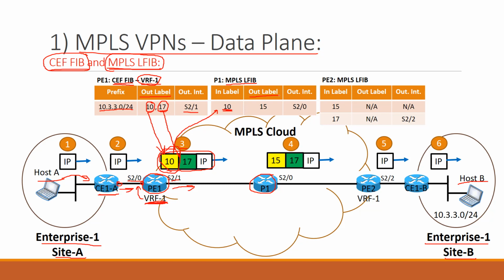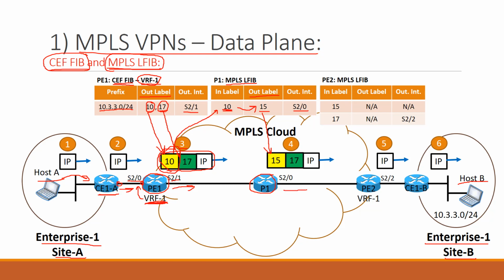What is the action? If the out label has a value, then it means swap. Swap 10 to 15. And then what? Send the packet out of interface serial 2/0.